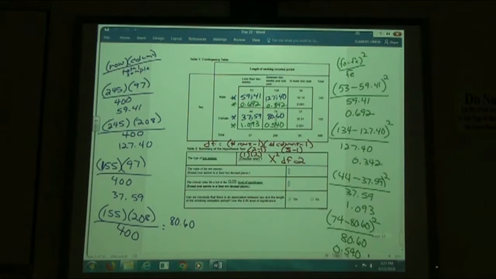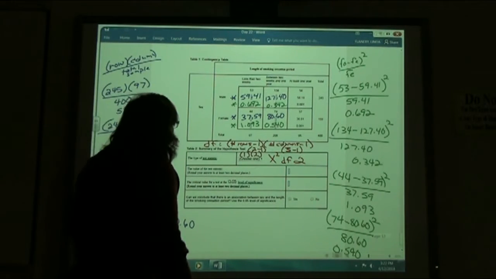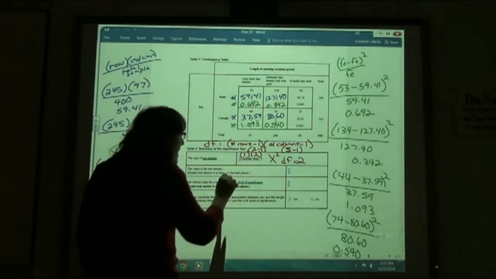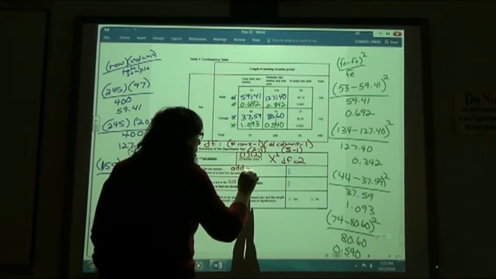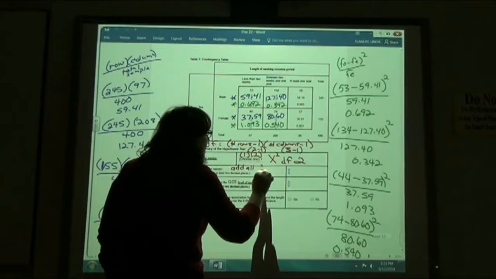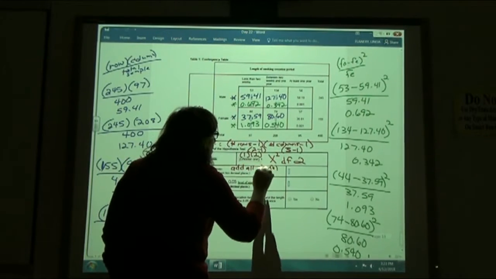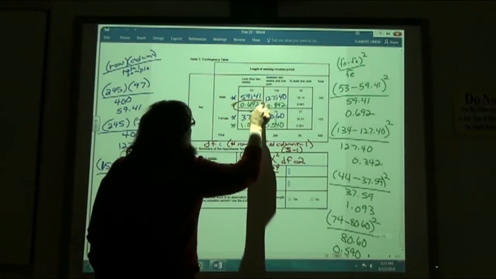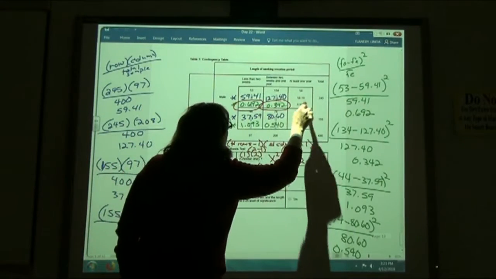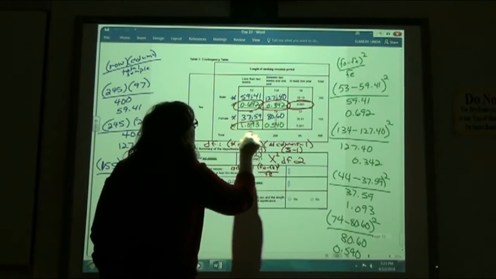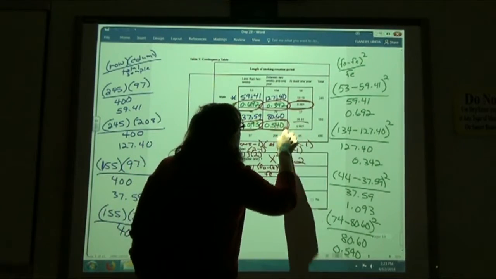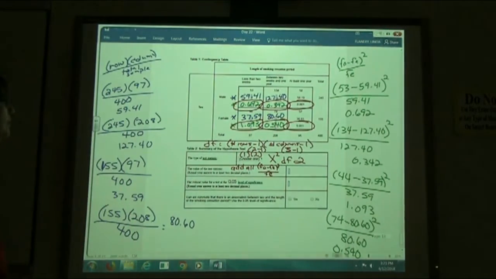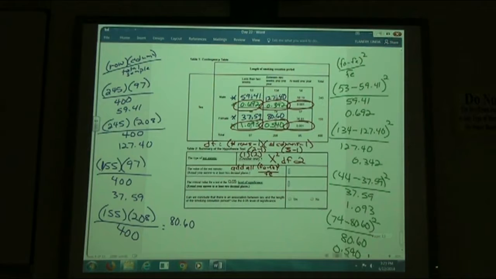The value of my test statistic. When I find the value of my test statistic, I'm going to add all of the FO minus FE squared over FE values. So I'm going to add this one, plus this one, plus this one, plus this one, plus this one, plus this one. Do not forget to add in the ones you didn't actually calculate. They're still part of your table.